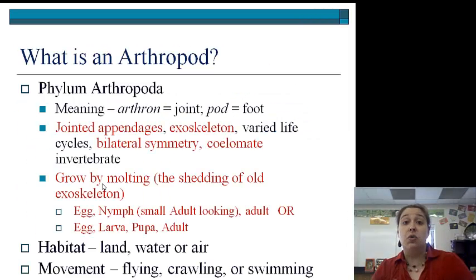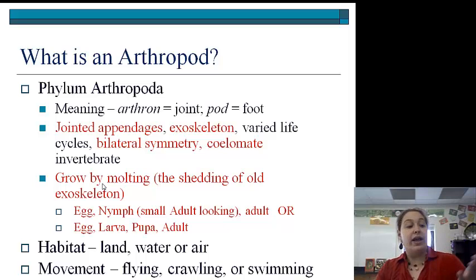Arthropods. So, arthropods have jointed appendages. They have an exoskeleton which makes them crunch if we step on them. They have bilateral symmetry. They are coelomates having that open body cavity. And they are invertebrates. They grow by molting. And there's two life cycles that they could have.